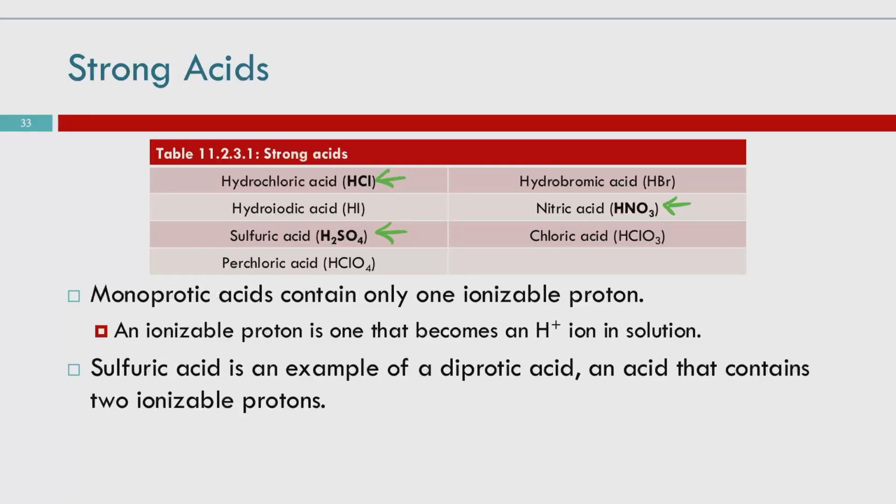Most of these are monoprotic acids, meaning that they just have one H in front. Sulfuric acid is diprotic. Two H pluses can be formed.